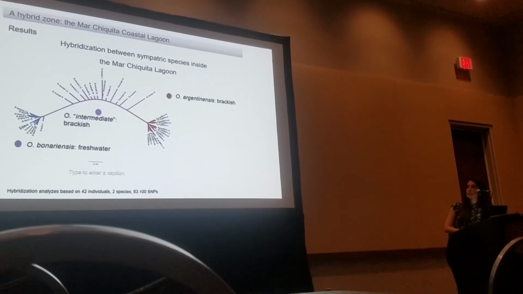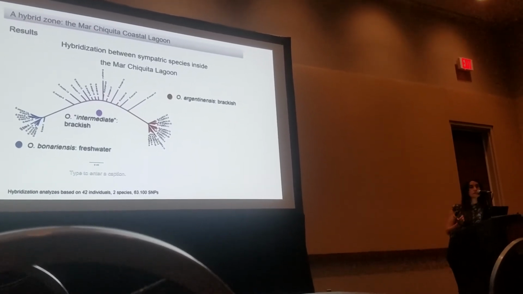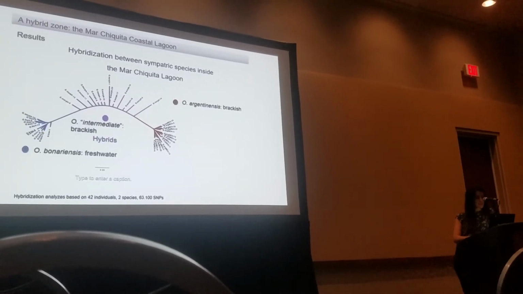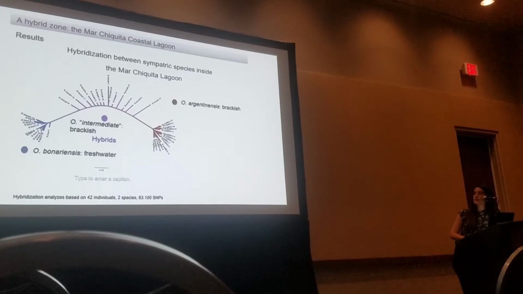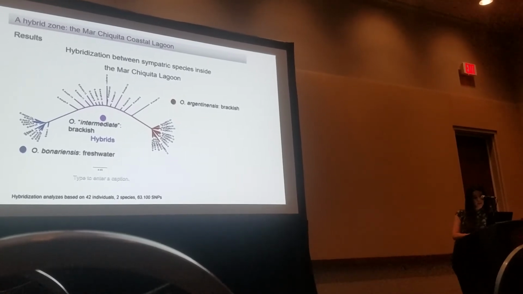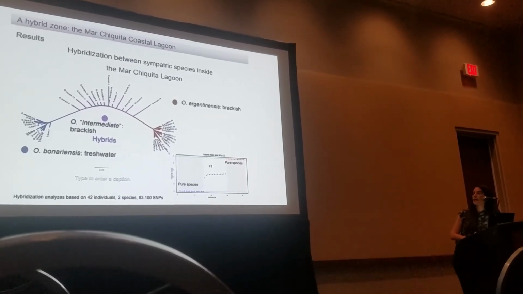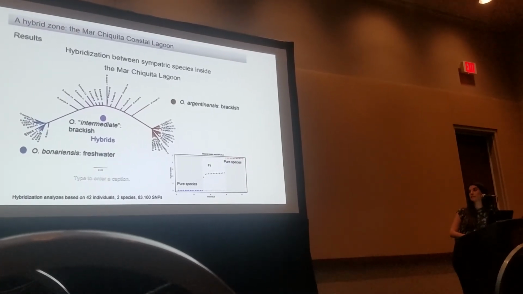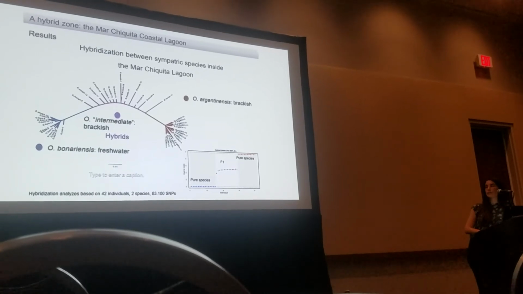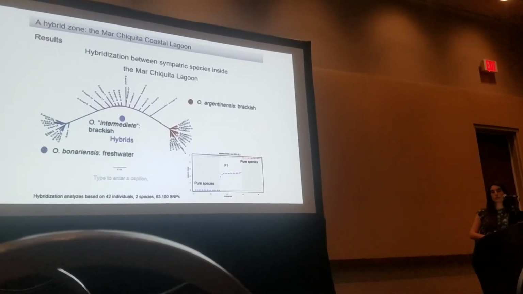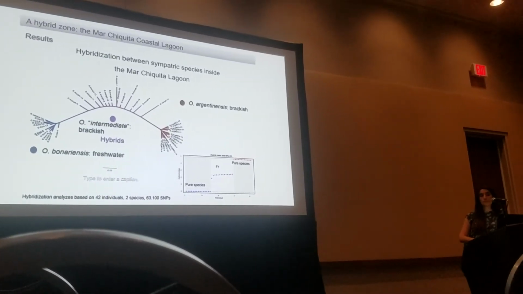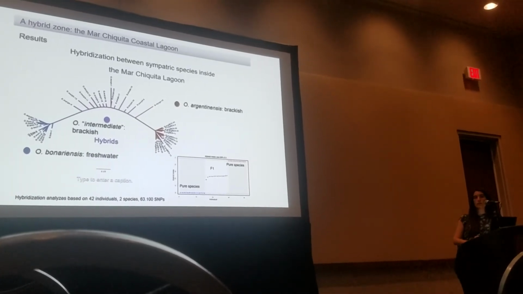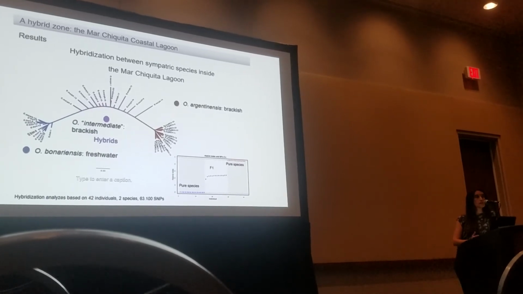We found again that the intermediate individuals are between these 2 pure species, and they are hybrids. When we did a hybrid index, we found that all intermediate individuals are very close to a 0.5 index of hybridization, and this is because all of them were recorded as F1 generation.